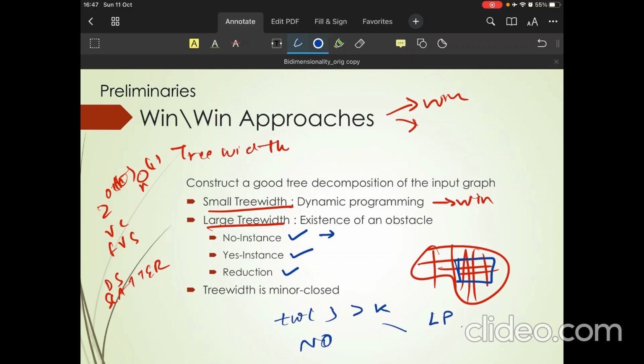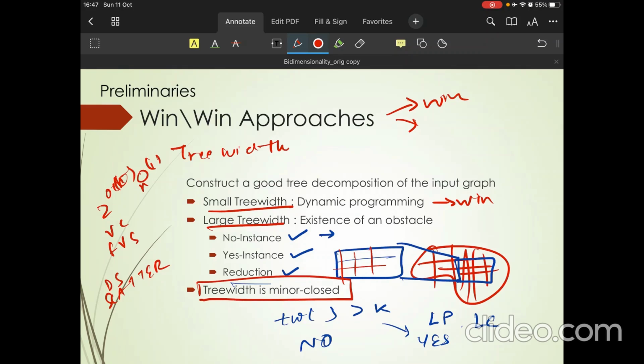For longest path, if tree width is greater than k, we can give a yes instance because it's a maximization problem. Similarly, for longest cycle, a reduction is basically you can observe some set of edges in this minor, and you can say, okay, these edges are not at all of help to my solution, and reduce the instance to a smaller instance and apply this iteratively.